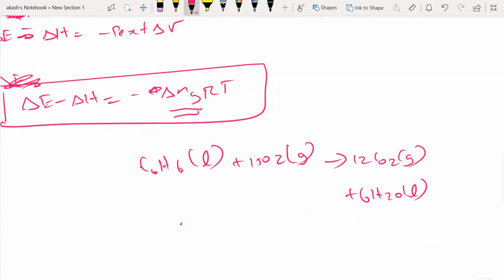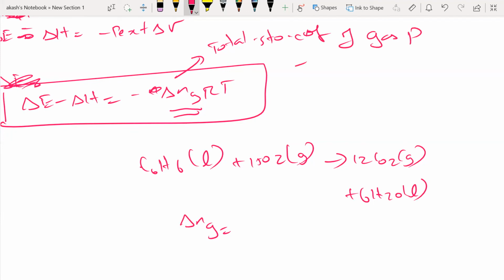Okay, now if I want to calculate delta Ng, we know delta Ng is the total stoichiometric coefficient of gaseous products minus the total stoichiometric coefficient of gaseous reactants. Now you have to take only gases.